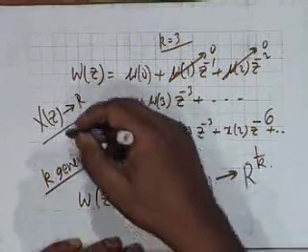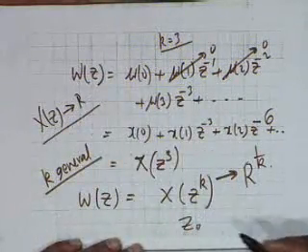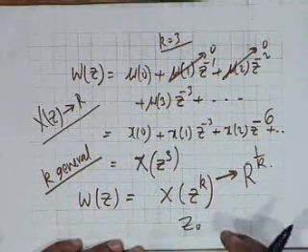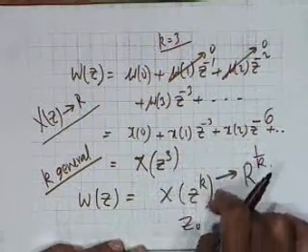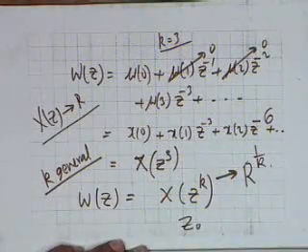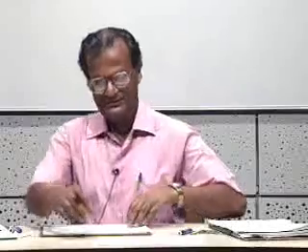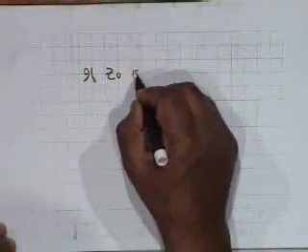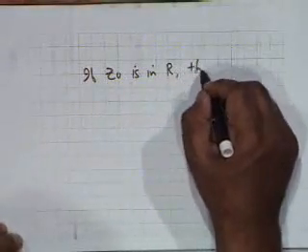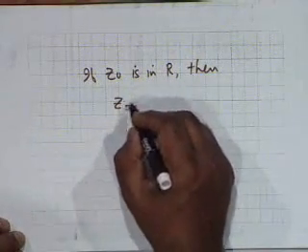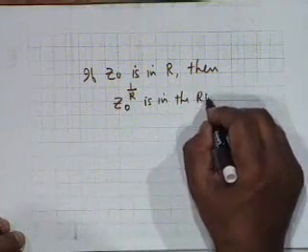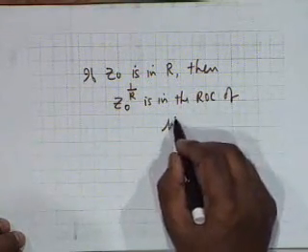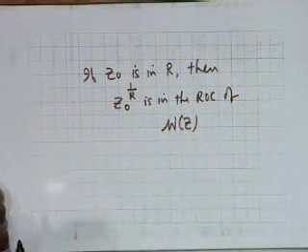It simply means that if Z0 is in R, then Z0 to the power 1 by k shall be in the ROC of W of Z. This is what it means.